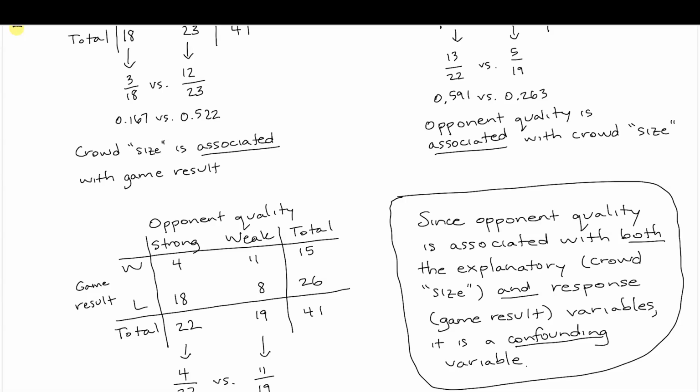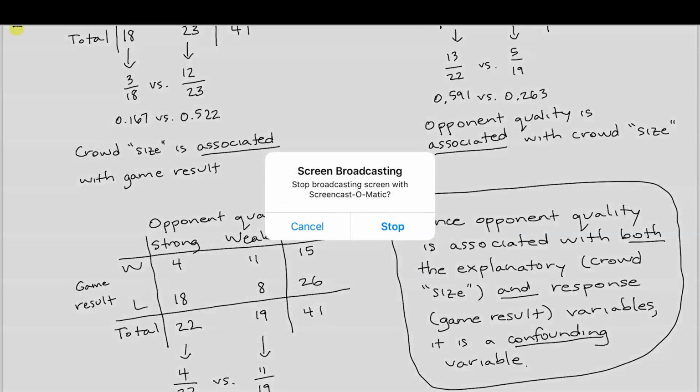That was the original response variable. So when we can show that a third variable is associated with the explanatory and the response, then we can say that third variable is a confounding variable, and that prevents us from drawing a cause and effect conclusion between the explanatory and the response.